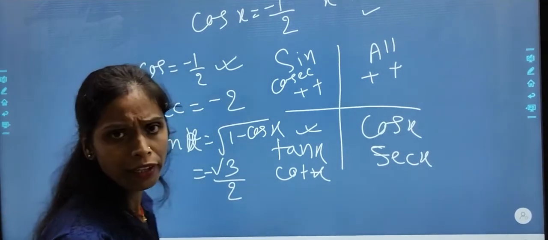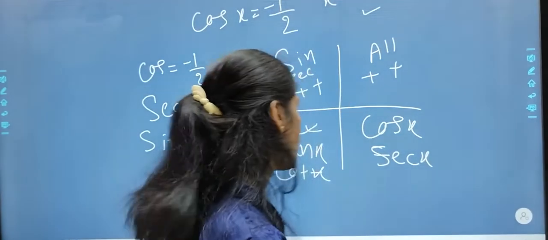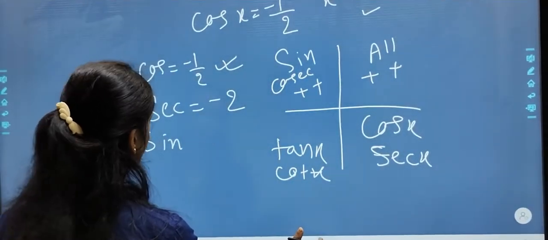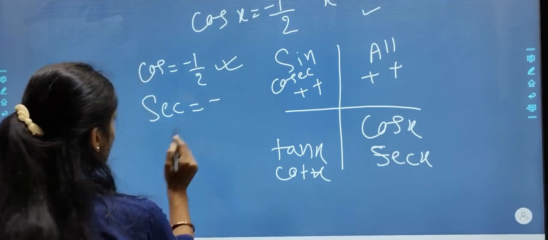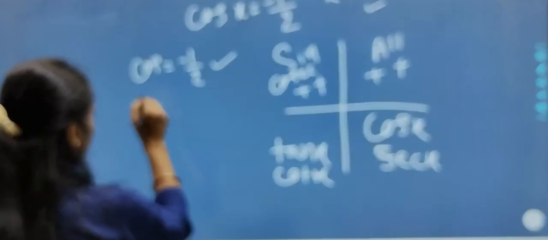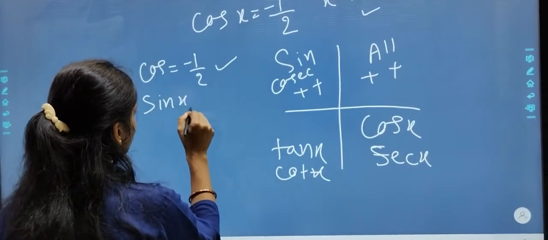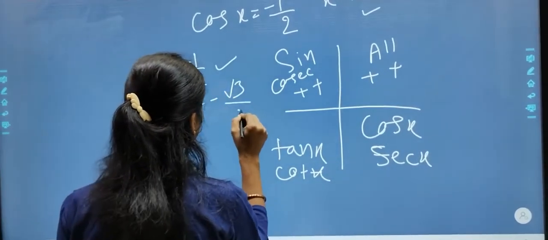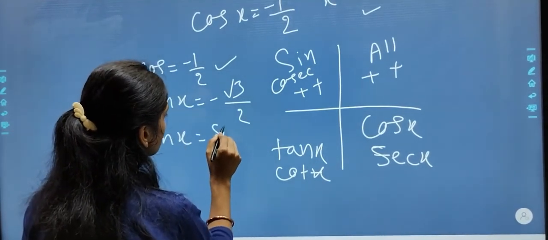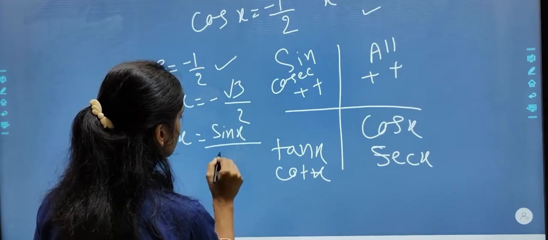And you know very well that sin theta by cos theta is equal to tan theta. Then sin x will be minus root 3 by 2. Then tan x will be sin x by cos x.